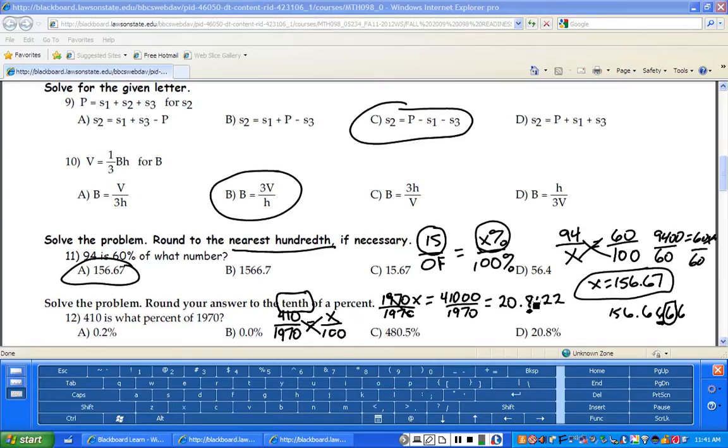So 8 would be in the tenth place, so I'll look at this 1, and this 1 right here tells me what to do with this 8. Now because 1 is less than 5, that means this 8 will stay the same. If 1 was 5 or greater, then this 8 would round up to a 9. So our answer becomes 20.8. So D would be the proper answer choice. Alright, moving on.